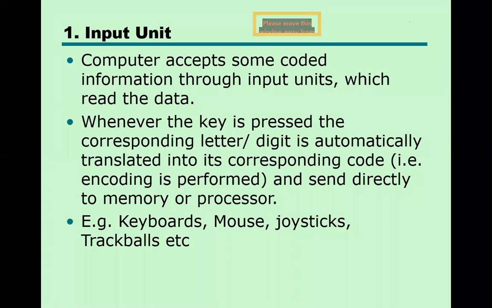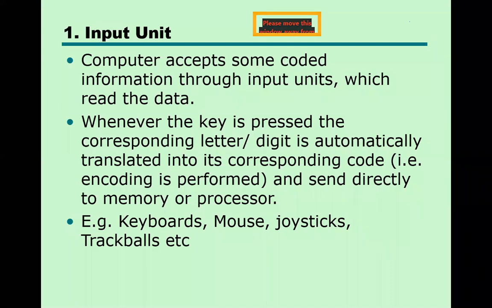Even if you are pressing H, there is a respective ASCII number for H, and the computer stores it in the form of 0 and 1 only. It is not the case that the computer stores the character H as it is in memory. First, it is converted into coded information. That's why the computer accepts coded information through the input unit, which reads the data.